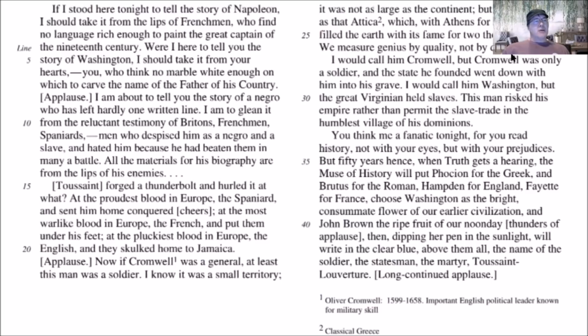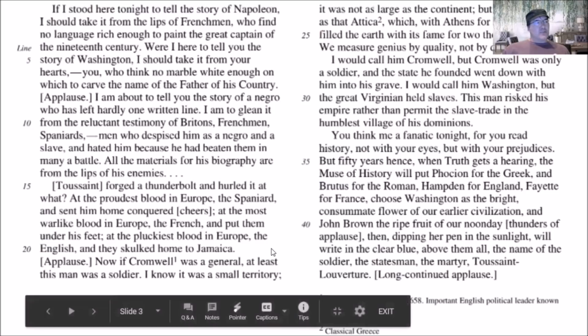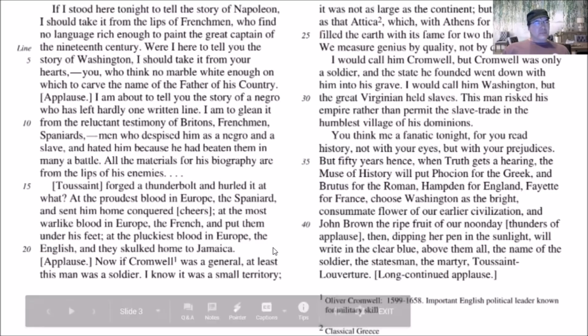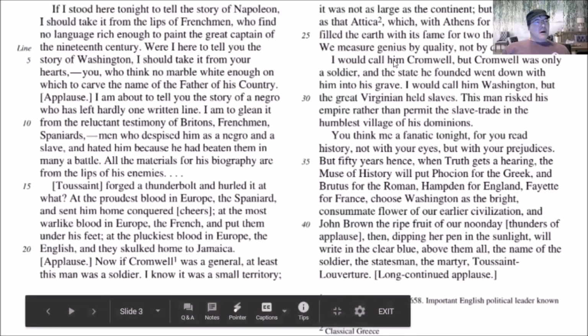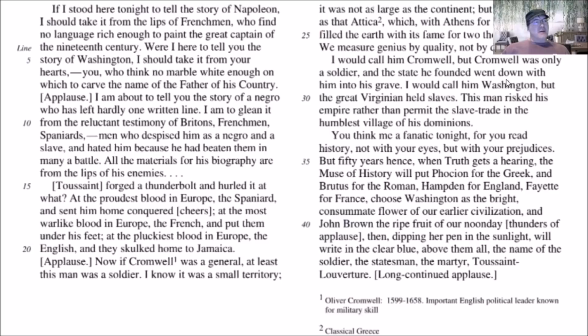And he's paralleling the smallness of Haiti with the smallness of the historical relevance of Toussaint, and basically saying that size doesn't matter here. "I would call him Cromwell, but Cromwell was only a soldier, and the state he founded went down with him into his grave."